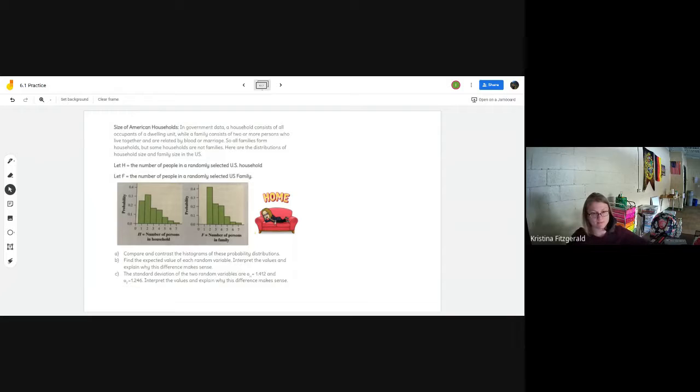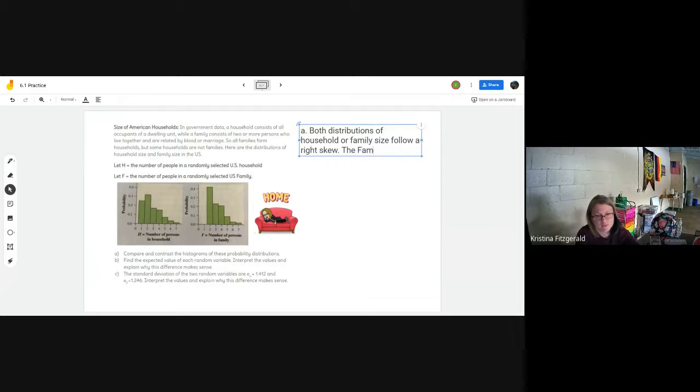In terms of comparing and contrasting with probability distributions, we're mostly just looking at the shape and where it peaks. So for part A, what I'm looking at is that both distributions of household or family size follow a right skew, which is kind of popular with these.